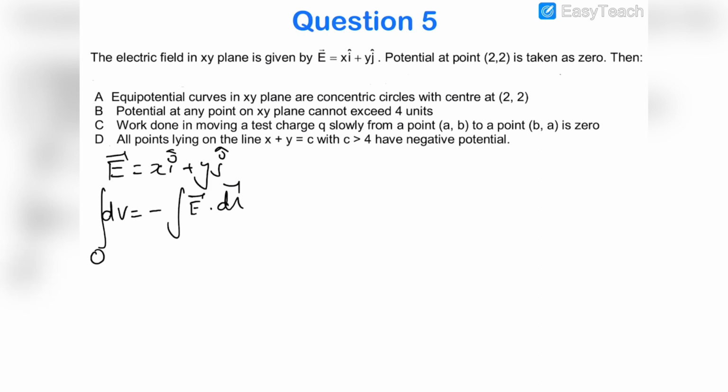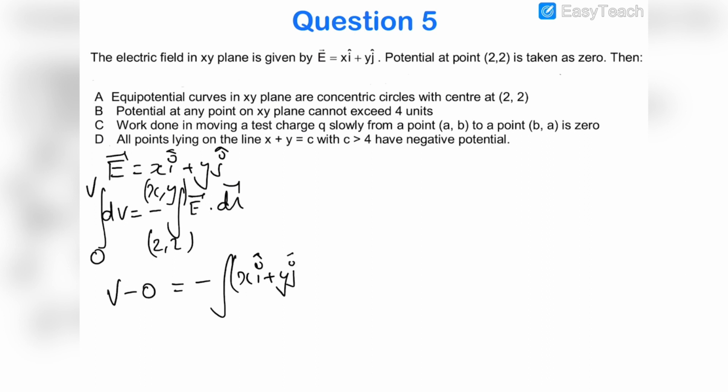So applying the limits from 0 to V and (2, 2) to (x, y), V minus 0 is equal to minus integration of x i cap plus y j cap dot dx i cap plus dy j cap.